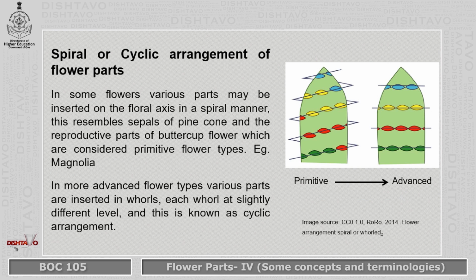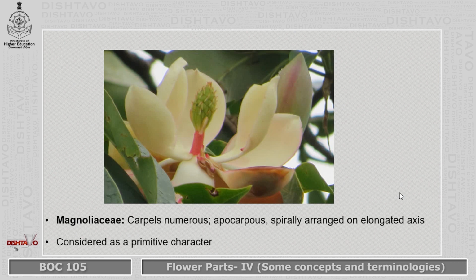So this is termed a more primitive structure, and most of the families in flowering plants today have floral whorls inserted on the thalamus in a cyclic arrangement. So the cyclic arrangement of the floral whorls on the thalamus is considered an advanced character.